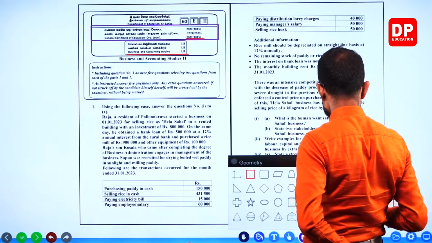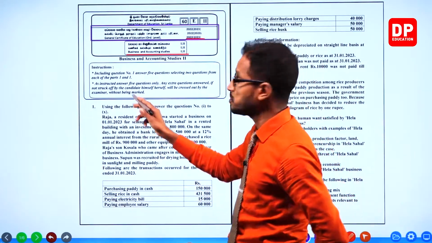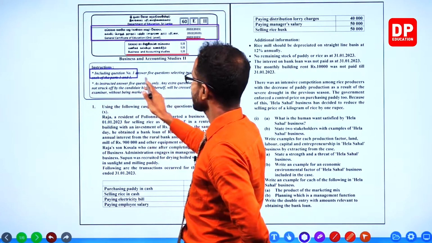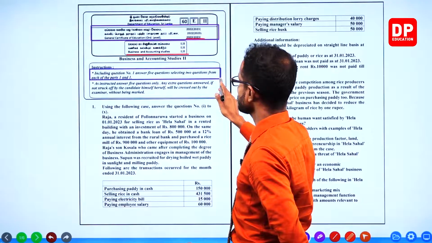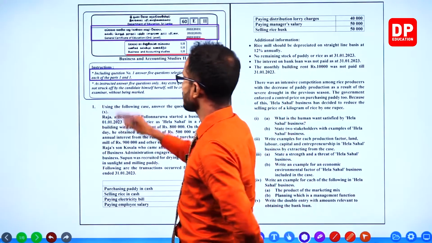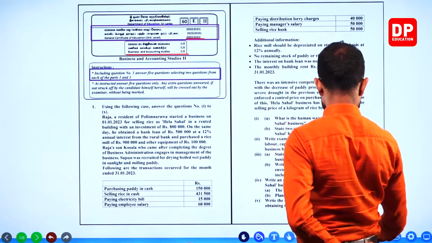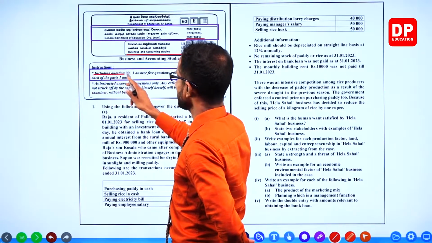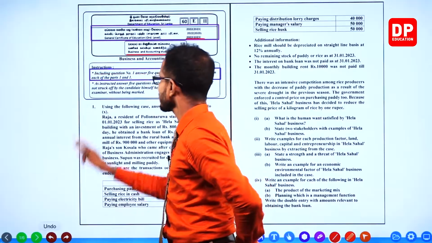How many questions should you do in this paper? 5 questions, including question number 1. Don't worry, you have more than 5 questions in the paper. You know that.